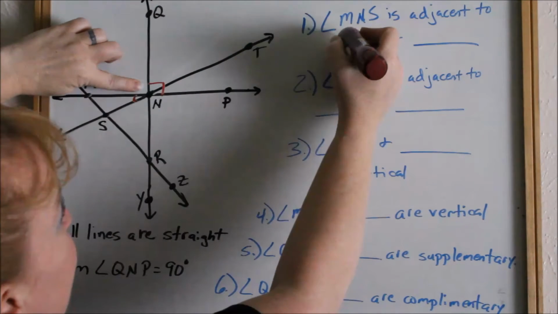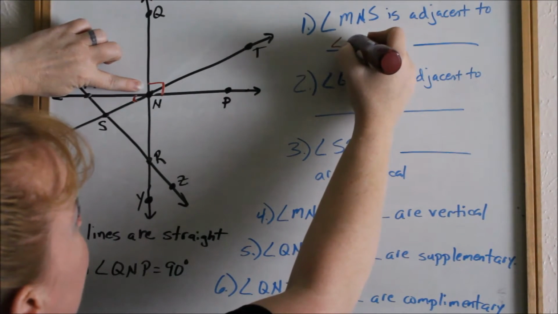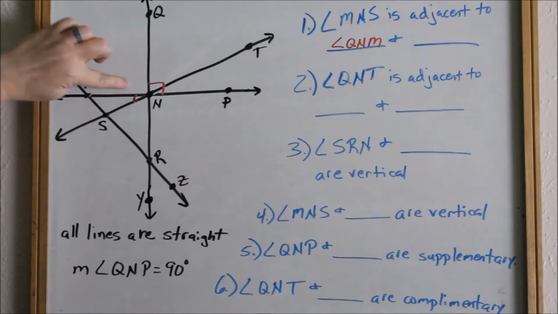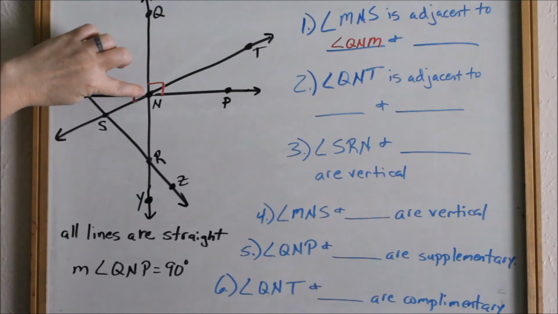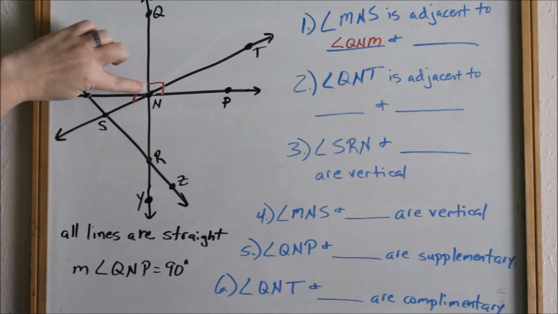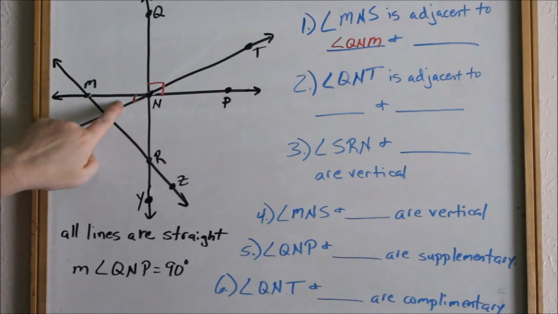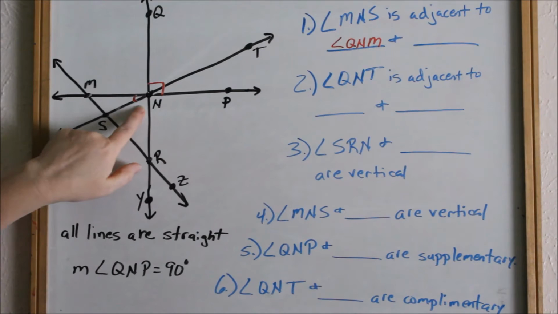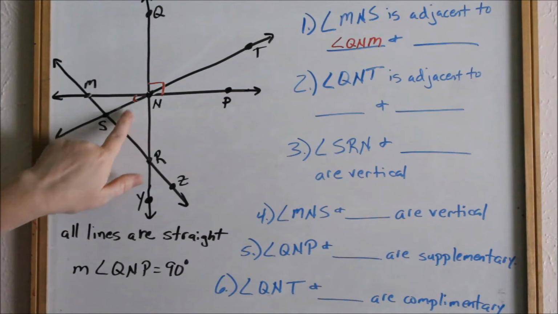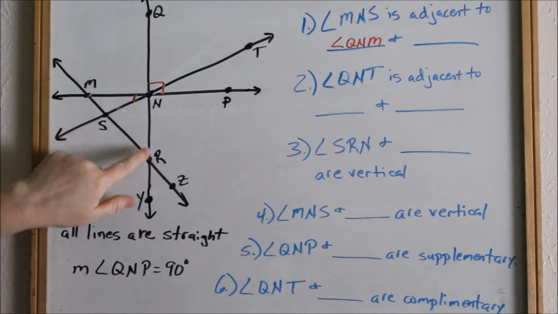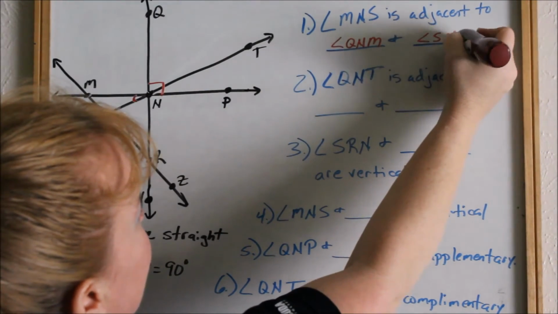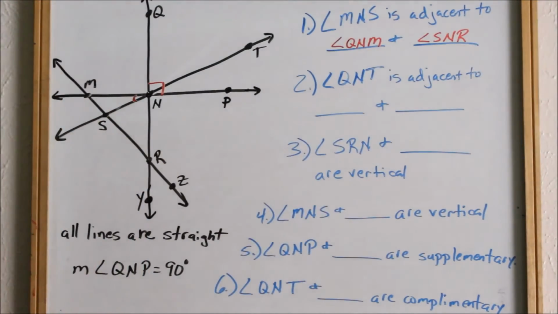So we can say angle QNM. Always remember the vertex is the middle letter. This angle is adjacent to the one we just marked. And then this angle is adjacent to the one we just marked. So the name of that angle, remember the vertex is the middle letter, so following the letters, SNR. So angle SNR.